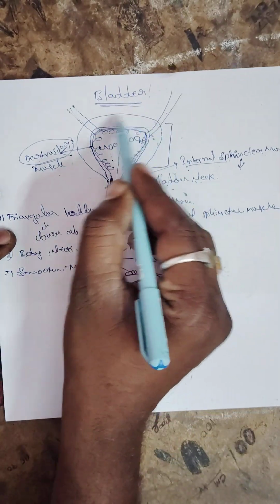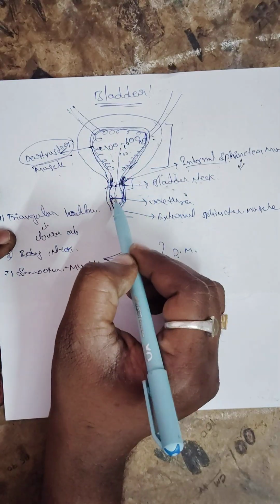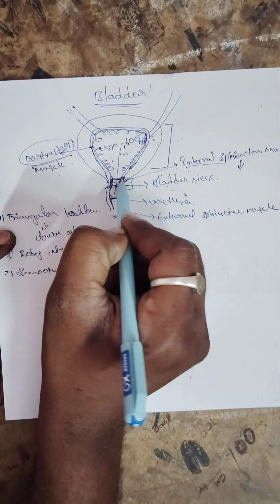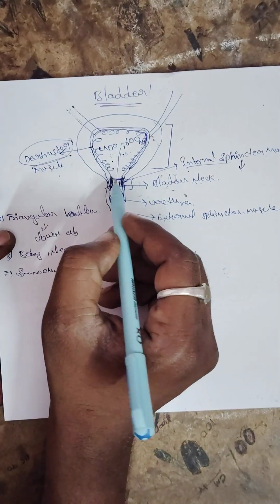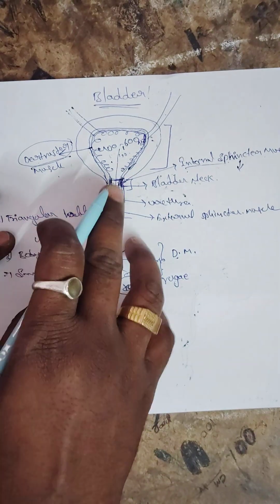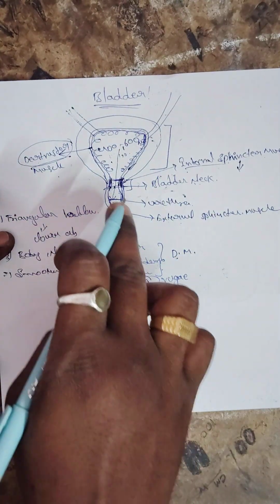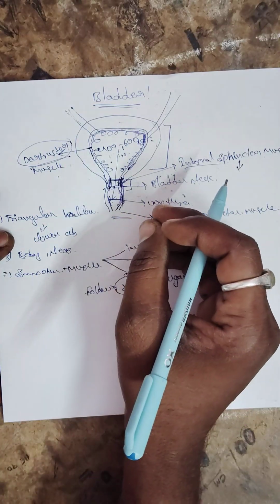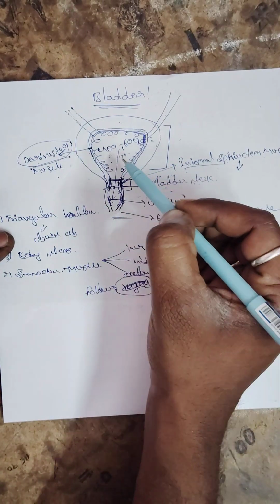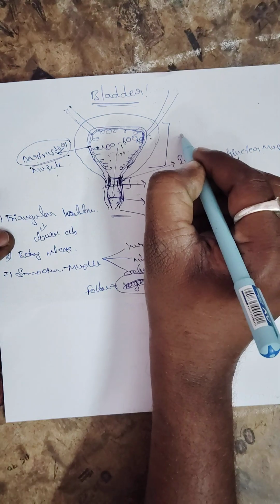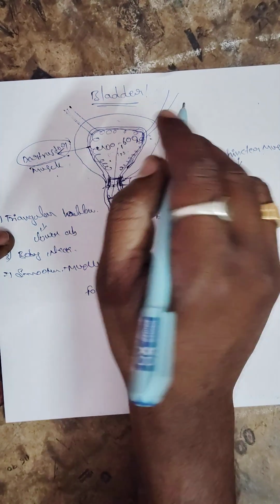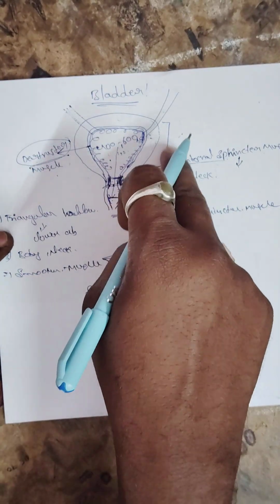This is called the body, this is the apex, body, neck, and the posterior part is called the fundus. The bladder is always oval in shape, a triangular shape as well as one more shape. So these are the parts of the bladder.